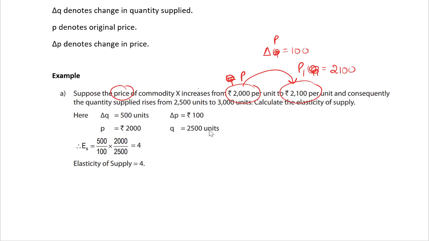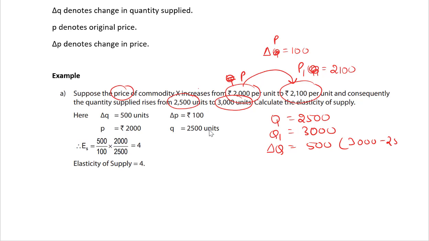So P is 2000, P1 is 2100, so change in P, that is delta P, is 100. Consequently, the quantity supplied rises from 2500 to 3000 units. So Q equal to 2500, Q1 equal to 3000, delta Q equal to 500, that is 3000 minus 2500. P equal to 2000, P1 equal to 2100, delta P equal to 100, that is 2100 minus 2000.